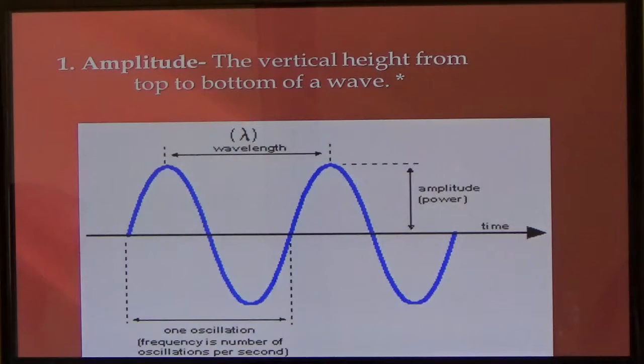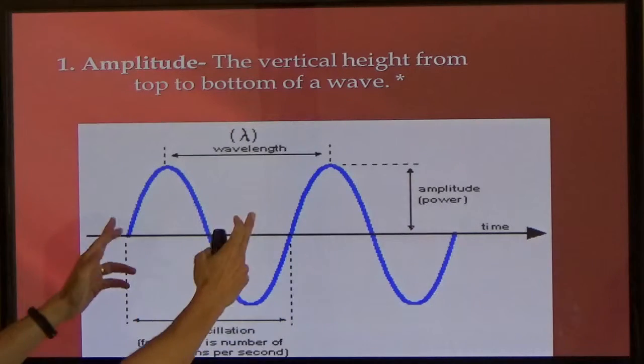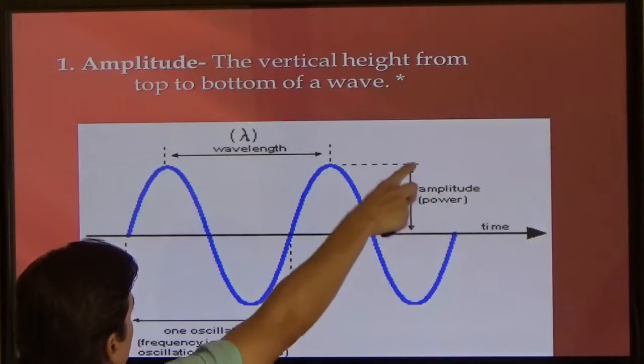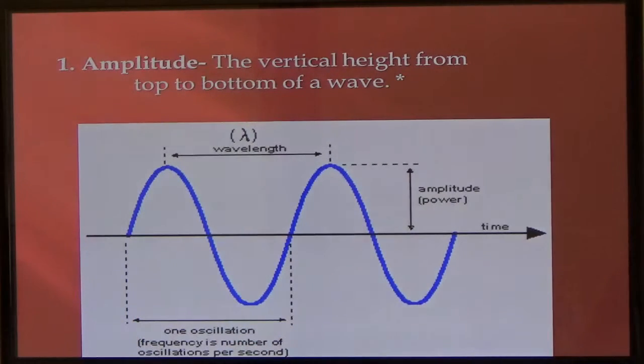Amplitude, altitude is the height. I haven't said that before, maybe that'll work this time. So the wavelength is from crest to crest. The amplitude is the height. Okay, maybe we'll get 100 on that one this time.